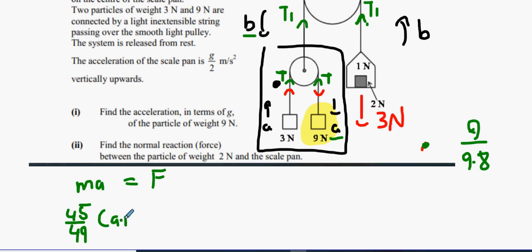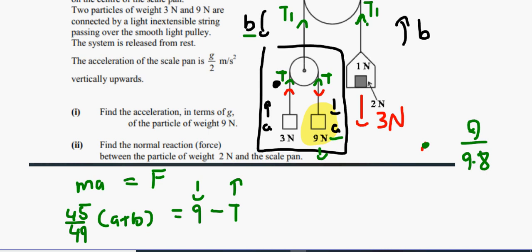A plus B downwards. Okay? And what does that equal? What force causes it to go downwards? 9 newtons take away T. 9 newtons going downwards, T going upwards. We all okay with that?